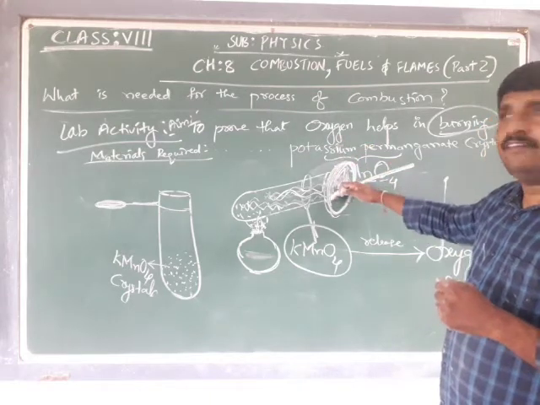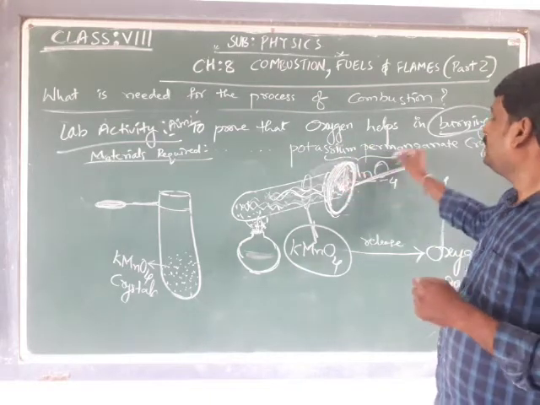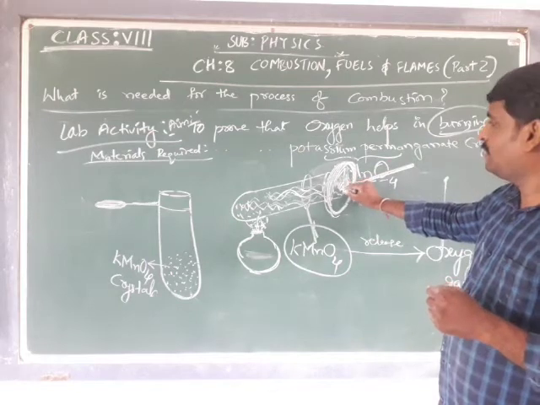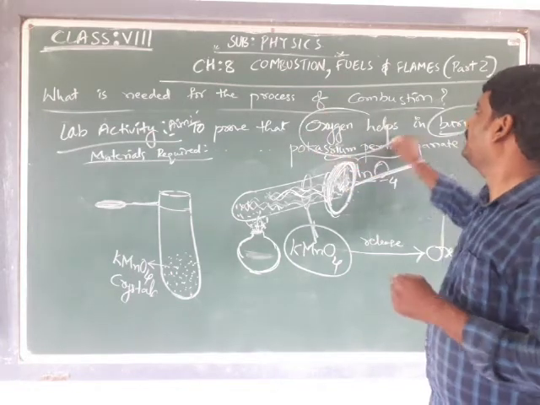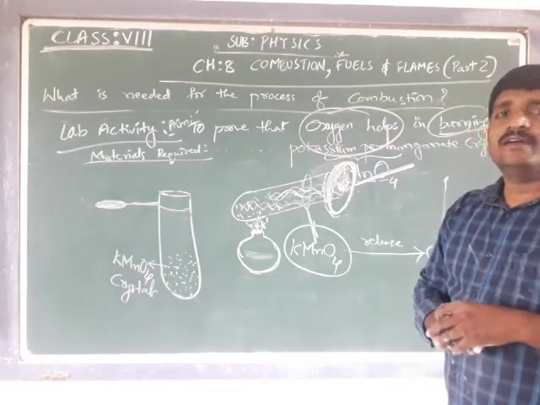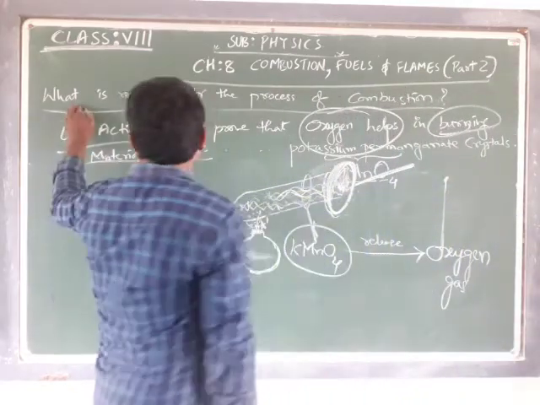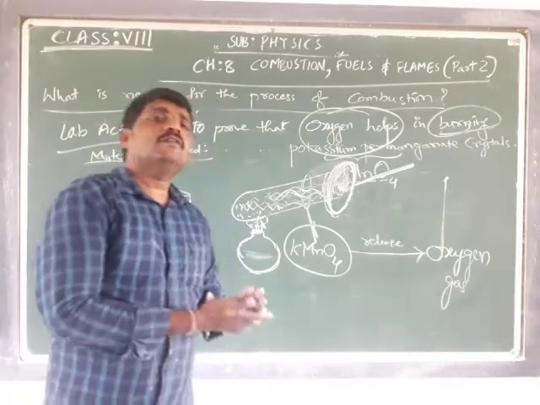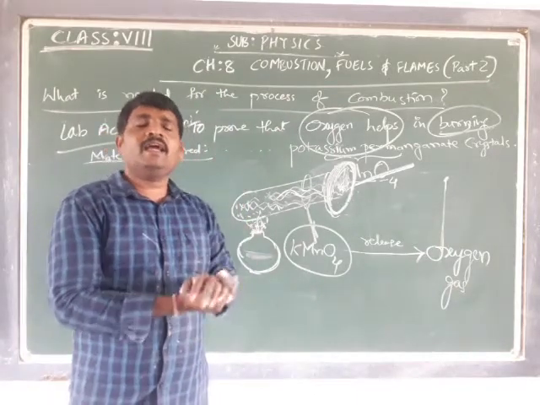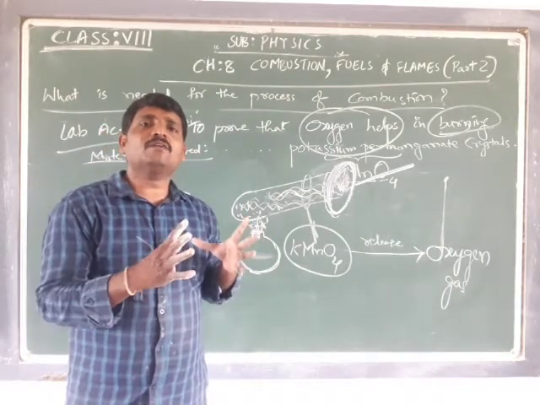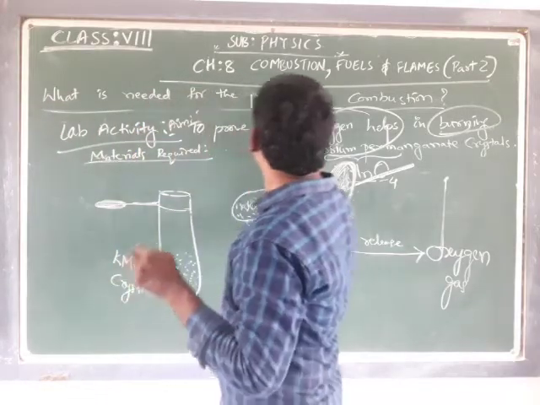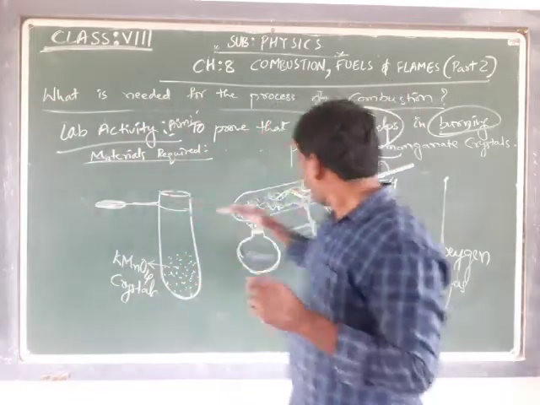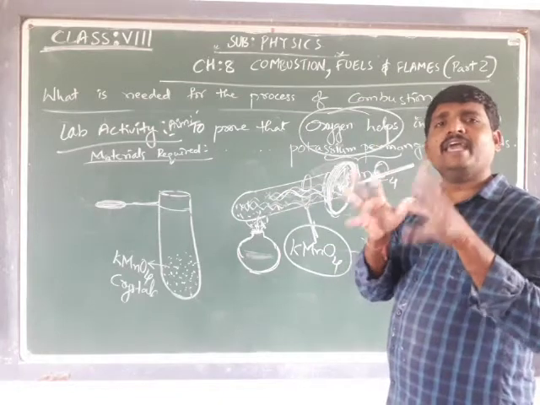From this activity we conclude that oxygen is very much needed to burn. So what is needed for the process of combustion? After our lab activity, we conclude that it is oxygen, that is, a supply of air.